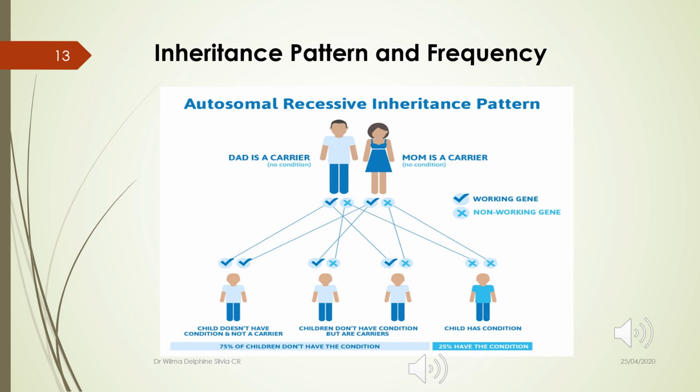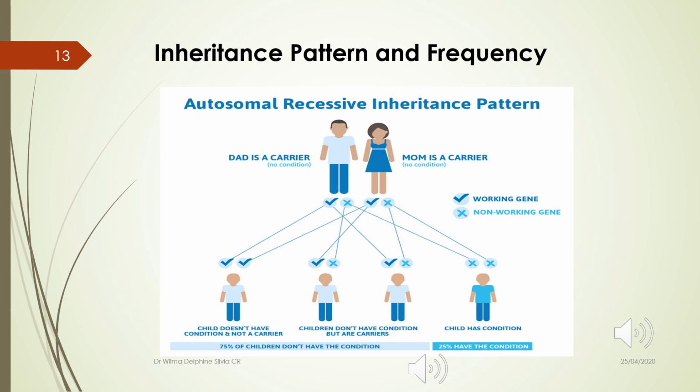But in the first child, there are no mutated alleles, so the child is neither a carrier nor a patient suffering from phenylketonuria. The second and third children have obtained a mutated allele, but both alleles are not mutated, so they are just carriers, not suffering from the condition.